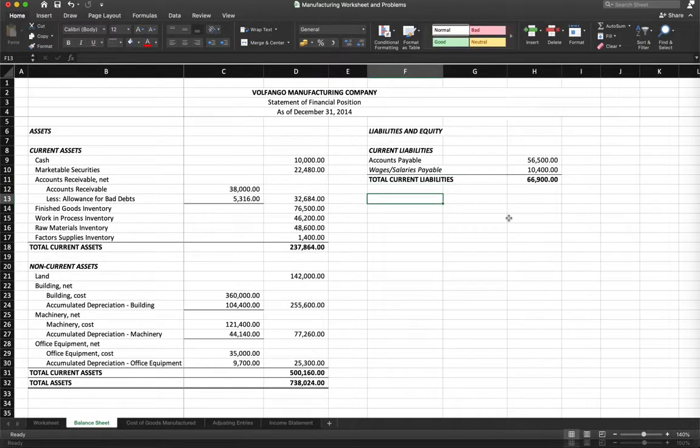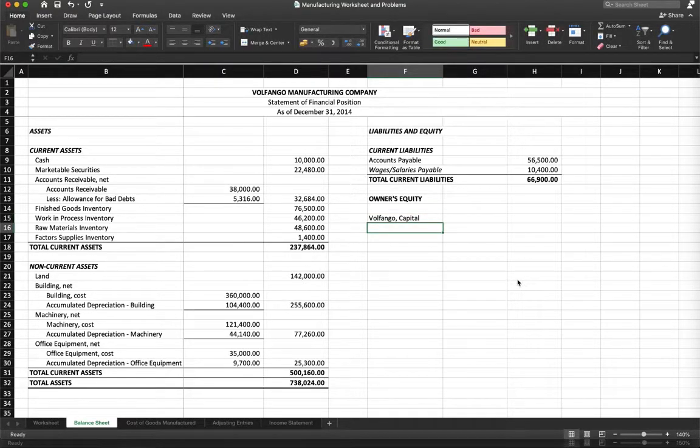Next would be the equity. Owner's equity. Okay, we have Volfango capital. Ito na yung ending capital niya ha.